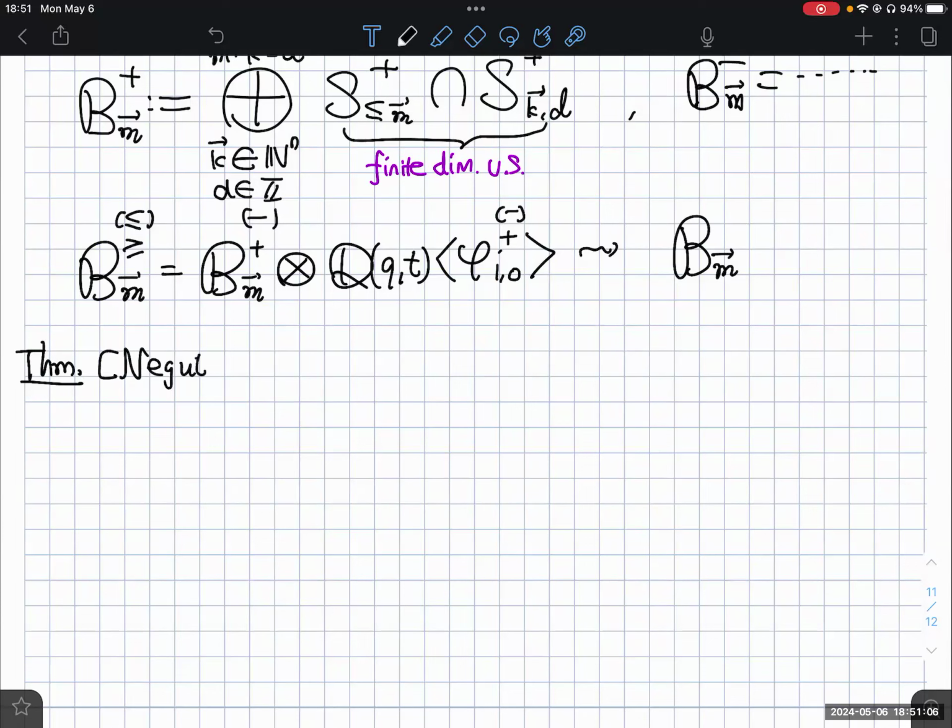And a good result for this slope subalgebra is that this is actually a subalgebra. It has an algebra structure, so it is actually well defined.